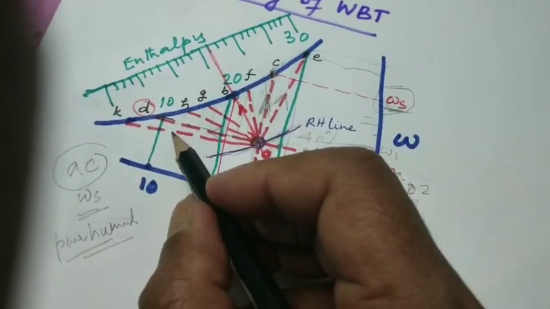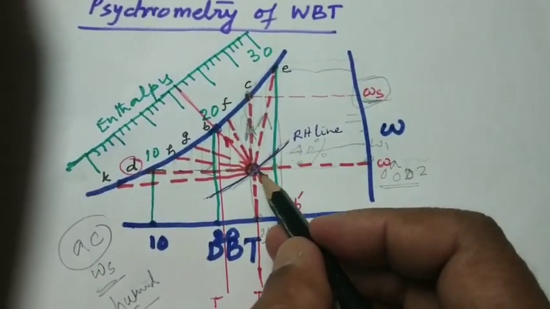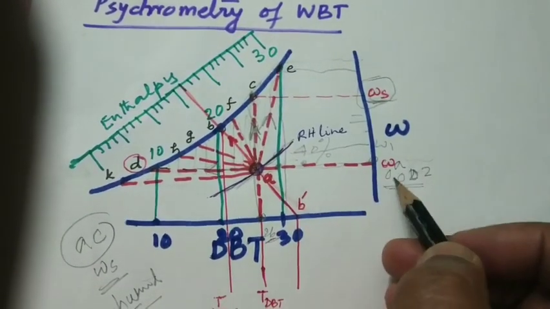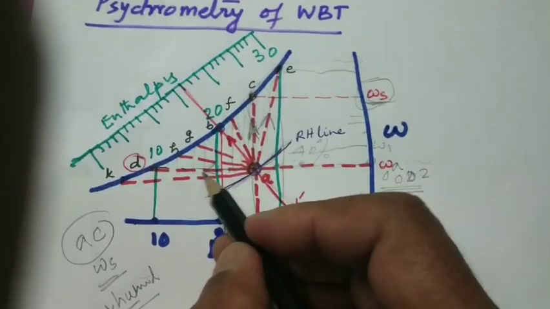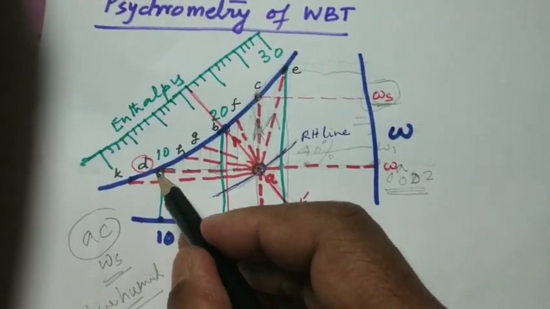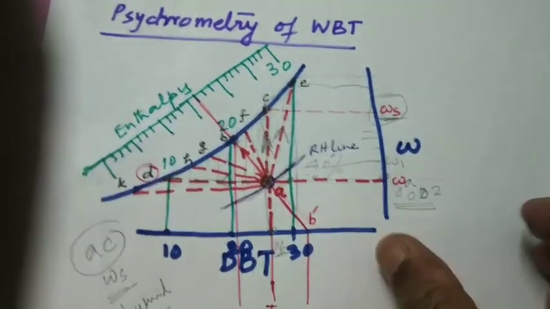AD is unique in the sense that it doesn't change its omega value. If this is the omega value 0.002, then at this point its value is not changing. I will show you another figure. Have a look at this.